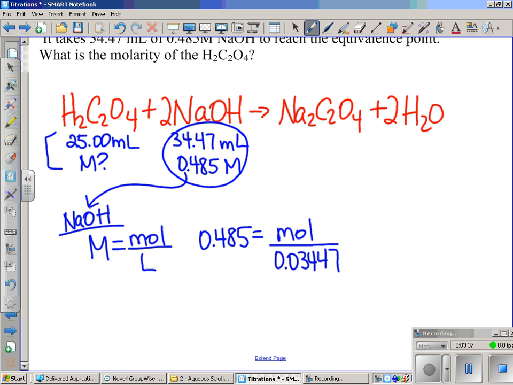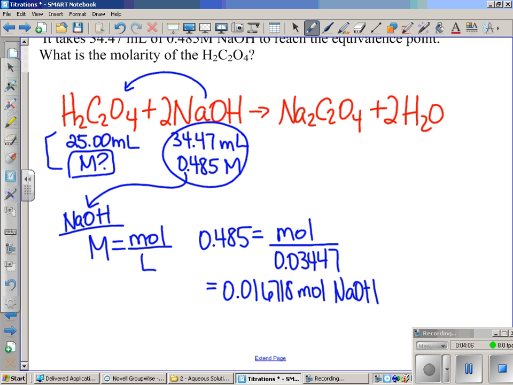This is just like the problems you were doing the other day. Actually, there were some titration problems in the problems you were doing the other day. Just a matter of looking at what you have, converting it into things that you can use. Moles will be something that we can go from NaOH over to the acid. So when we cross multiply this, you end up with 0.016718 moles of NaOH.